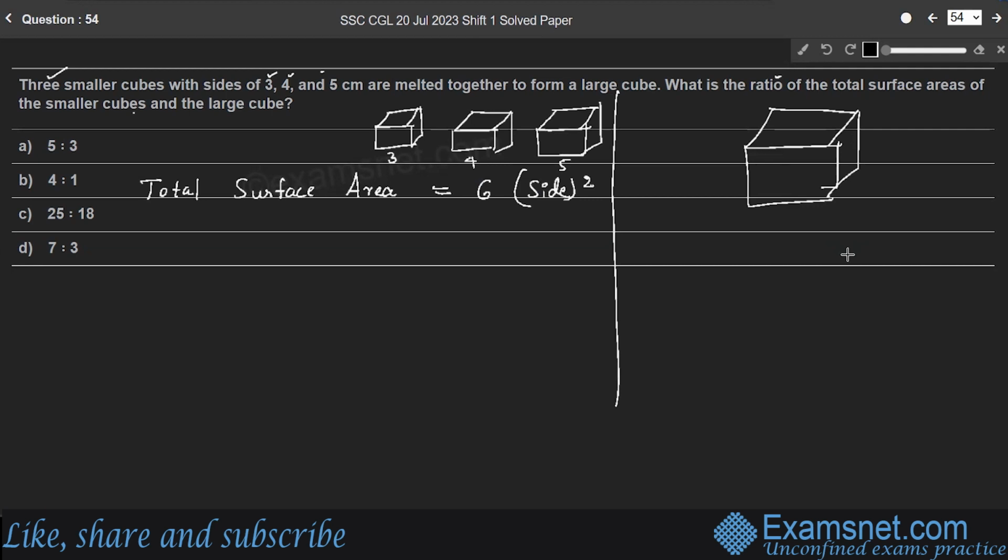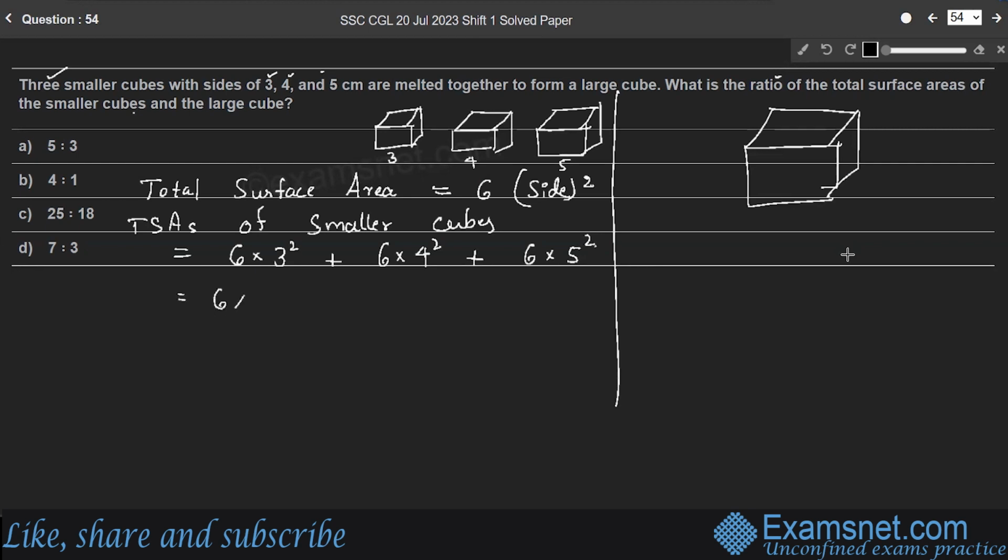Therefore, we'll consider total surface areas of smaller cubes. The total surface area of all 3 cubes is the sum of their total surface areas. So 6 times 3 square, the square of the first cube, 6 times 4 square, and 6 times the square of the side 5.